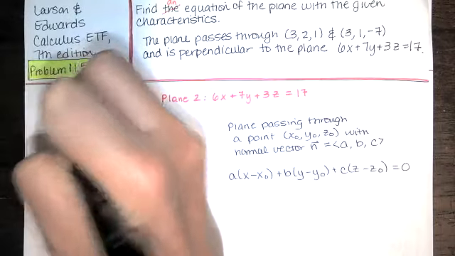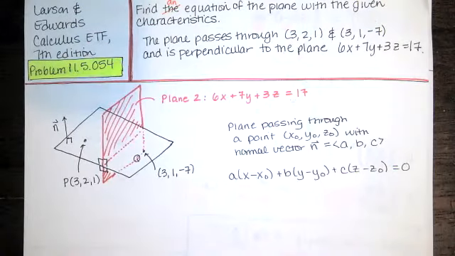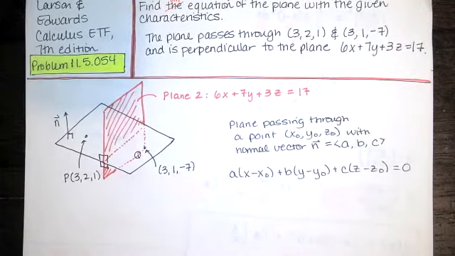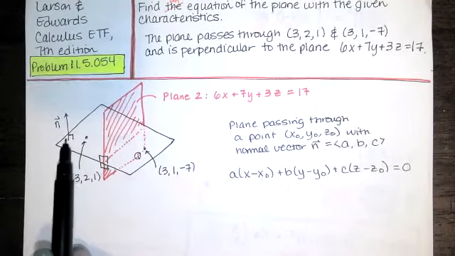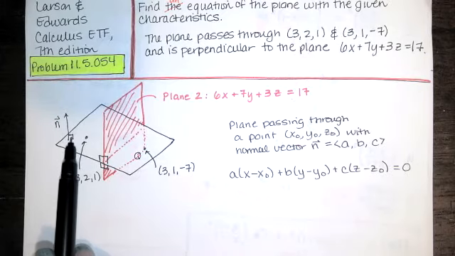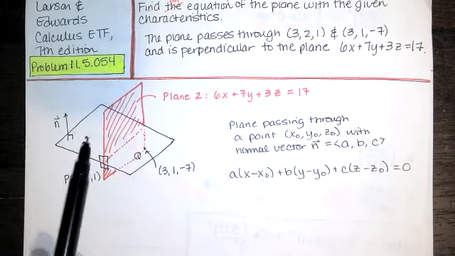Now I've got points in my plane. I know that P is in my plane and Q is in my plane. So the x naught, y naught, z naught is covered. I could use this as my x naught, y naught, z naught, or I could use that as my x naught, y naught, z naught. The question is, how do I find the normal vector? How can I find a vector that is guaranteed to be perpendicular to the plane containing these 2 points?